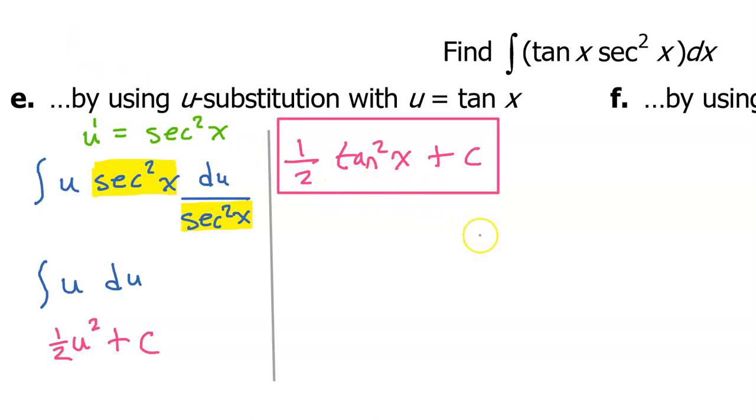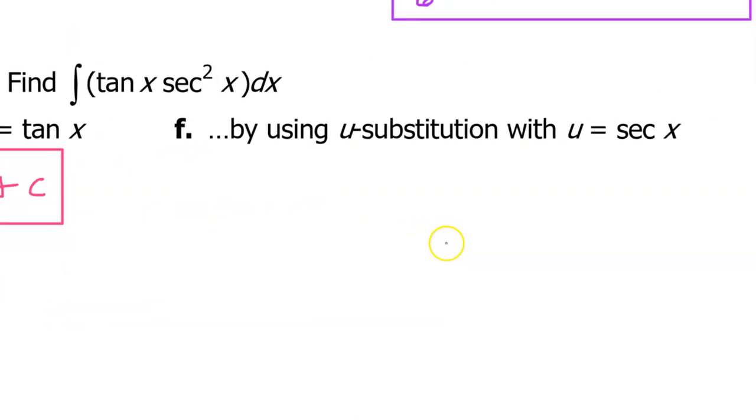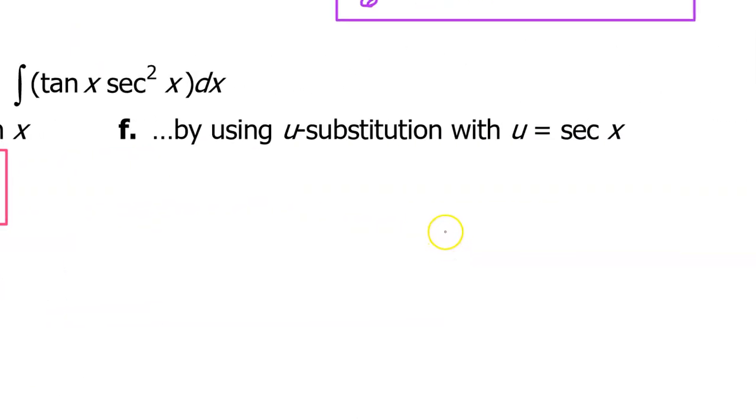Kabam! So let's slide on over and do the same problem again, but this time we will let u equal secant x. That means u prime will be secant x tangent x. Let's go ahead and rewrite the integral with the substitution.